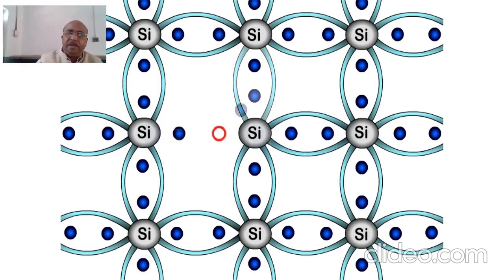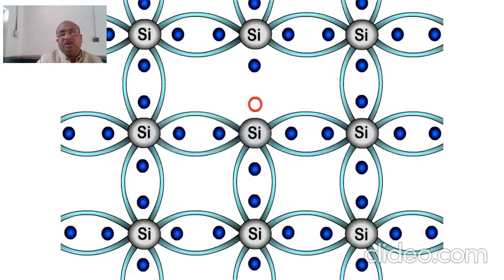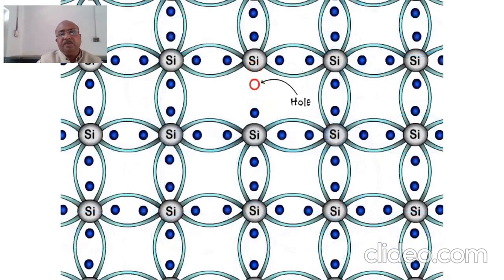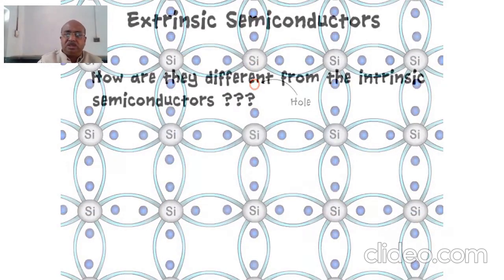This hole is again filled by another electron which is near to this hole, and that electron comes and occupies that space. Consequently, the leftover space is again created like a hole. This process goes on and the electron moves from one side to the other, and similarly the hole moves in the opposite direction. This way we say that this current is generated because of the holes.